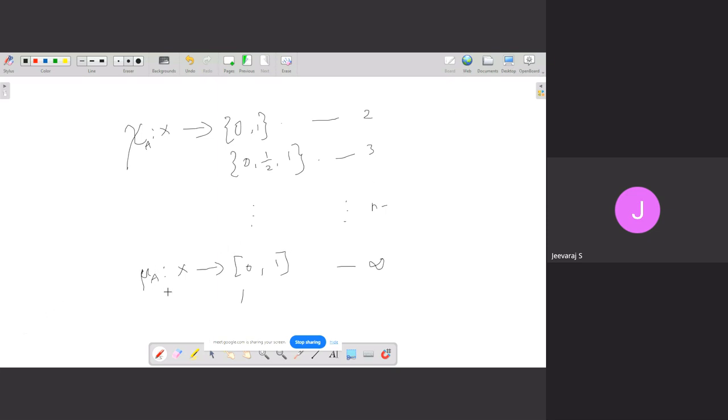We are going to call this function the membership function. So the classical sets are characterized by means of the characteristic function, and the fuzzy sets are characterized by means of the membership function. Obviously, the membership function is nothing but the generalization of the classical characteristic function.